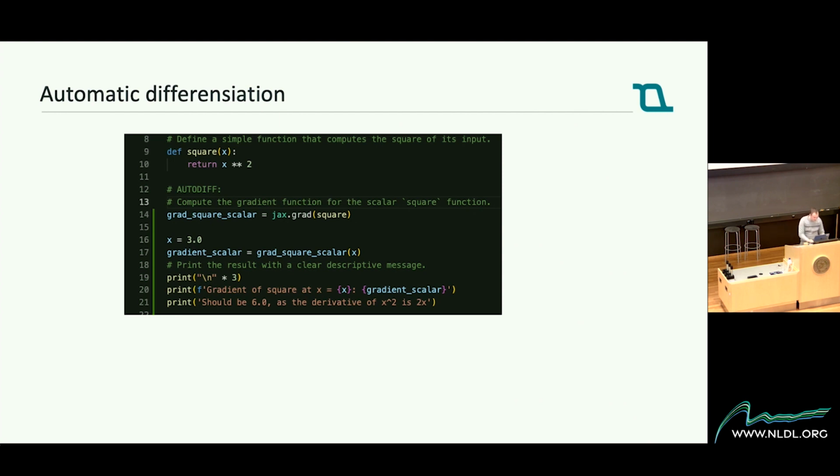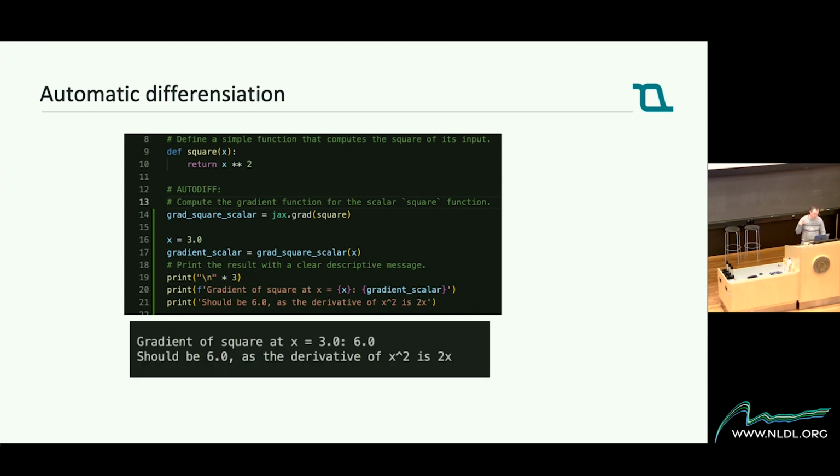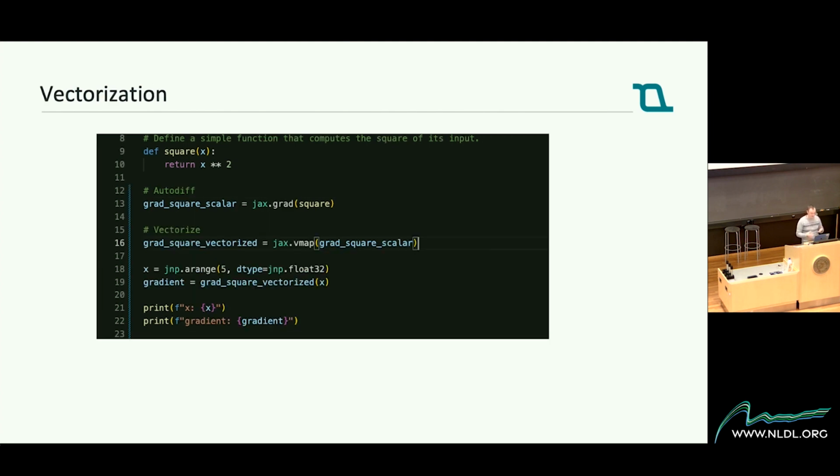And let's see if it does what you think it does. And we see that the square of 2 times x is 6 and x is 3. So it looks correct, right? A problem here is that this function only works on a scalar value. Luckily, the people that implement Jax have thought of this, and we can do something called vectorization.